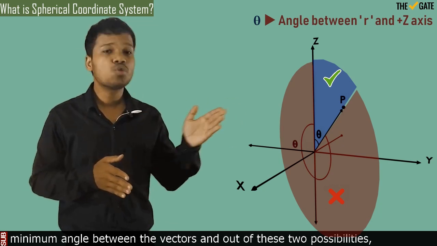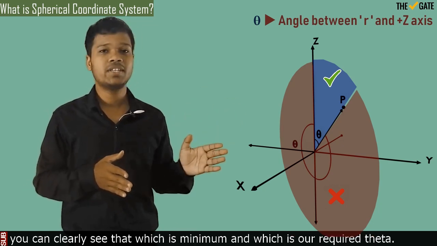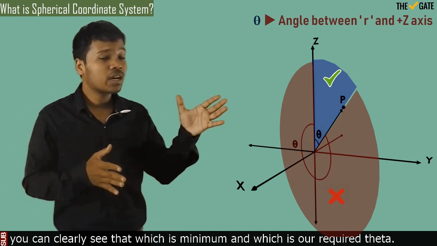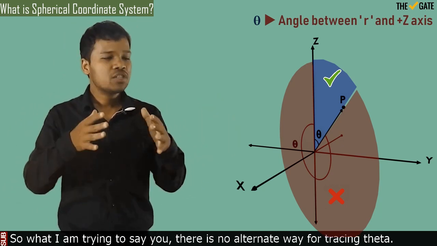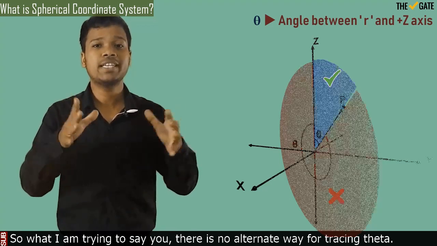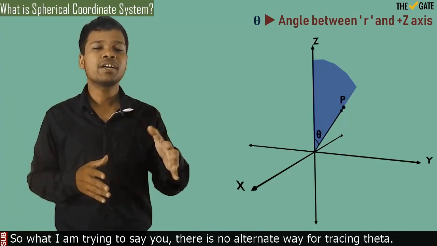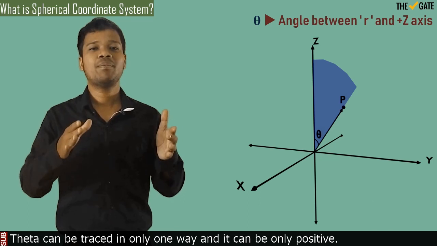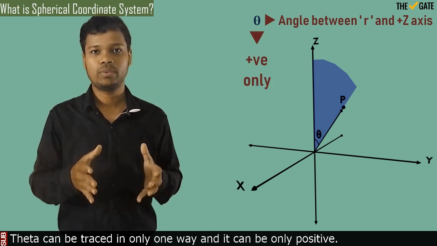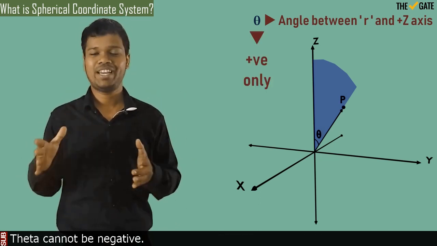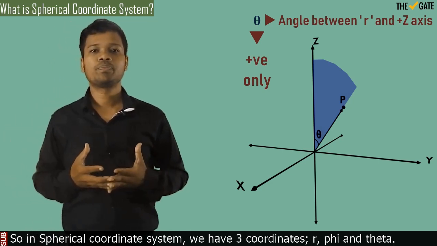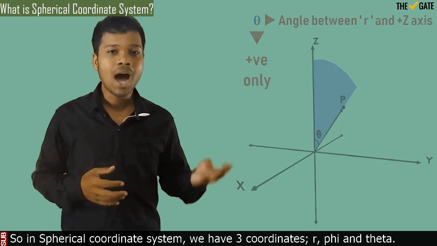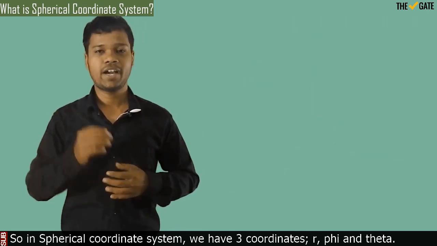And out of these two possibilities, you can clearly see which is minimum, which is our required theta. So what I'm trying to say is, there is no alternate way of tracing theta. Theta can be traced only in one way, and it can be only positive. Theta cannot be negative. So in spherical coordinate system, we have three coordinates: r, phi and theta.